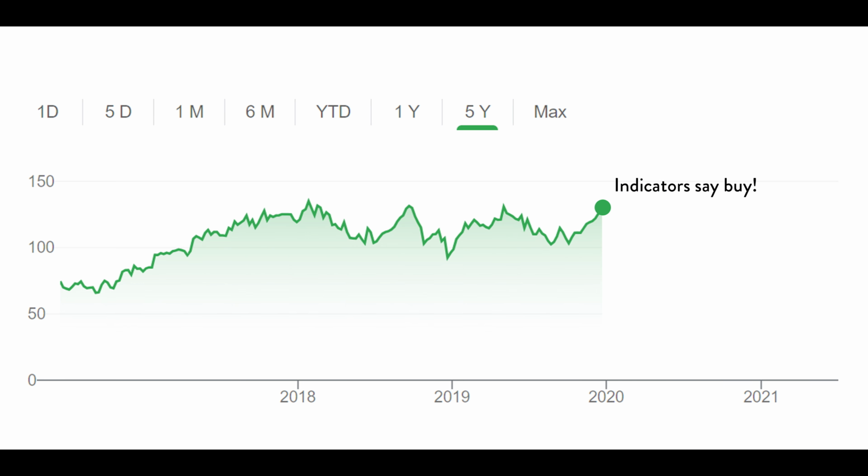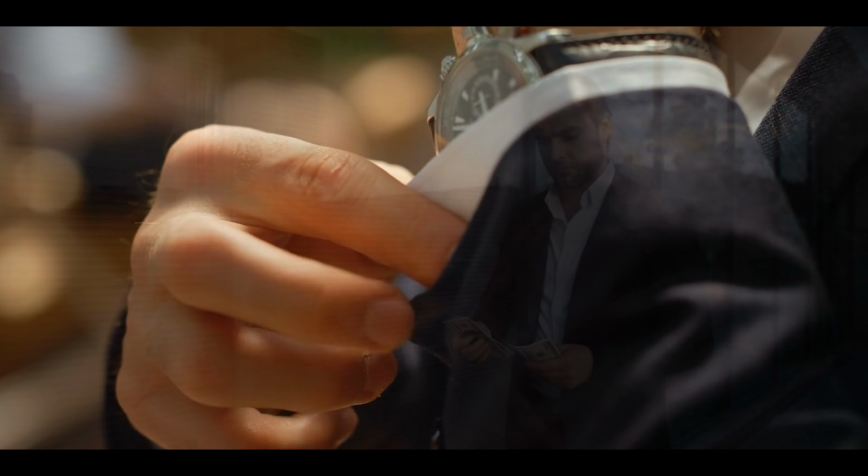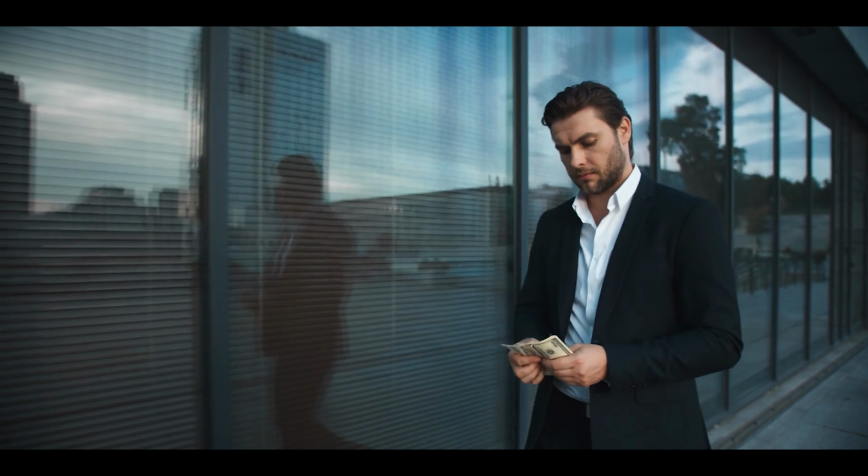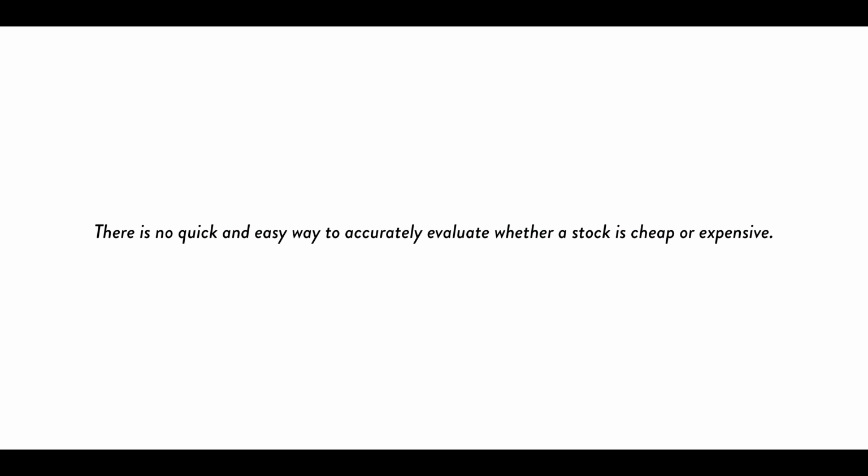You could buy the stock based on these indicators, all looks good, and then the stock could fall by 30% the very next day. Then what? So as you can see, these methods of stock valuation all have pretty major flaws. And unfortunately, regardless of how expensive Sir Basil Cunningham's trading course is, there's no quick way to accurately tell whether a stock is cheap or expensive.